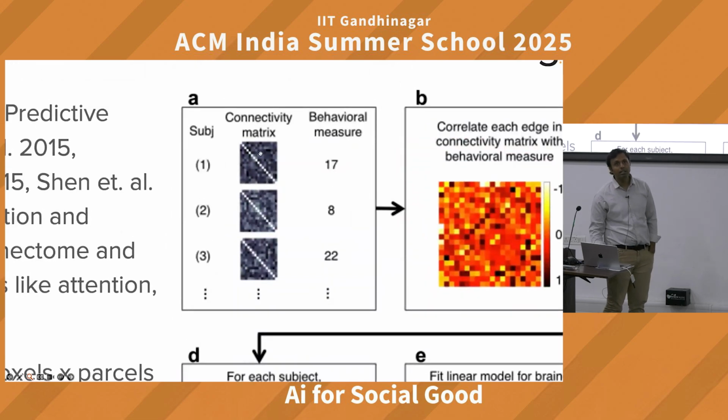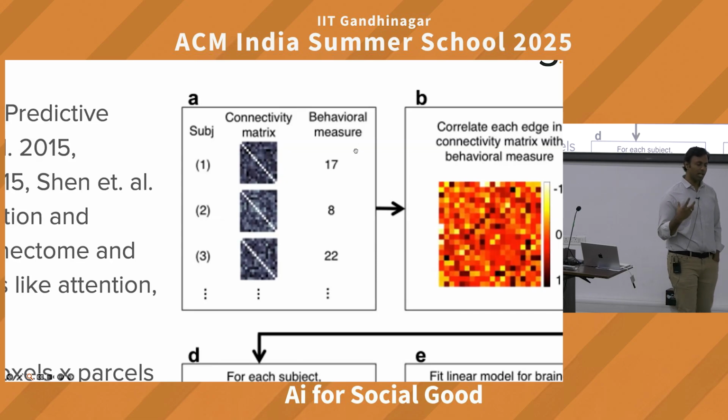Is this better? दिख रहा है? हाँ. The connectivity matrix we compute for one subject and then we get a behavioral measure. It could be any cognitive measure. So यहाँ पे the measure we use is amount of tau tangles in the brain or amount of amyloid tangles in the brain. The idea is कि क्या मैं इन tau और amyloid को connectivity से correlate कर सकता हूँ.